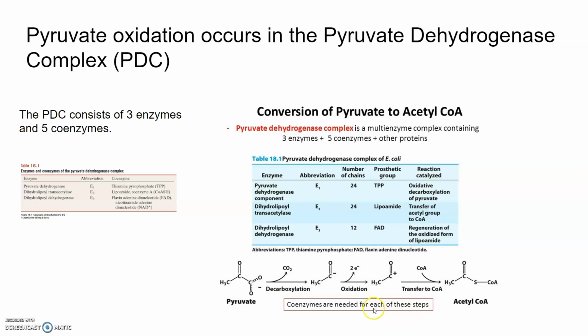And then here at the bottom, you can see a diagram of the pyruvate oxidation, which we'll be breaking down in the next few slides. We start with pyruvate, then we have decarboxylation, oxidation, transfer to CoA, and at the end we have a resulting product of acetyl-CoA.